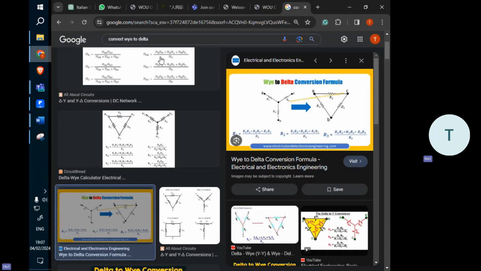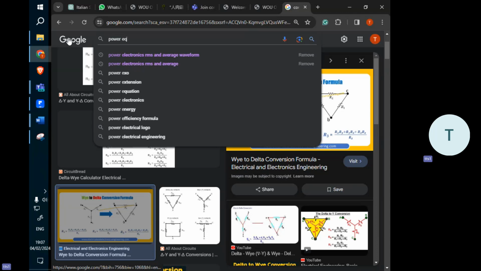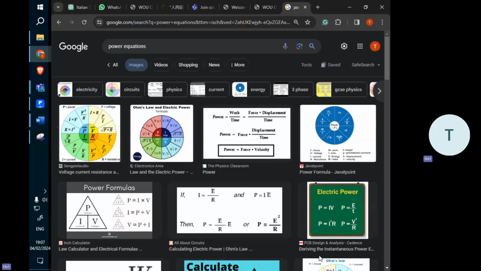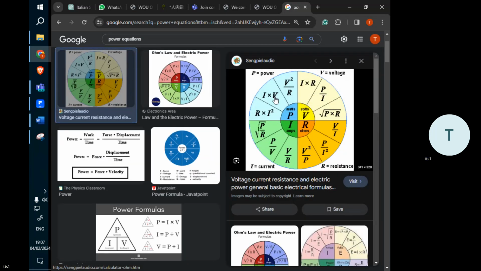The power equation can come in three forms: either I times V, or V squared over R, or I squared times R. If you have V and I, you just multiply to get the answer.